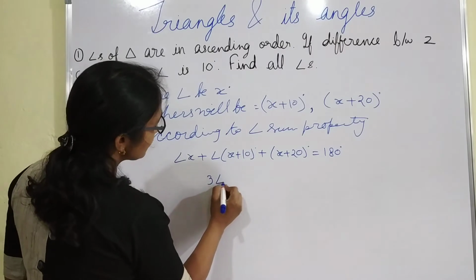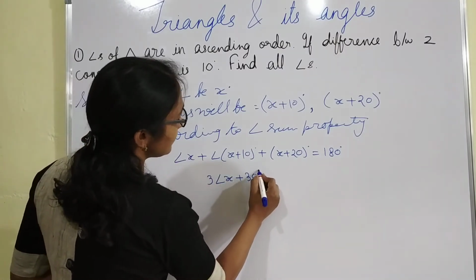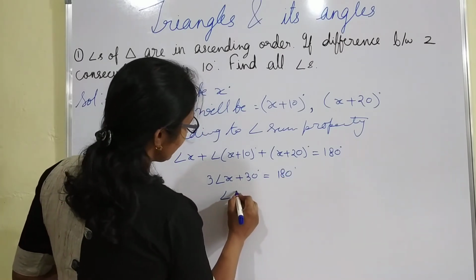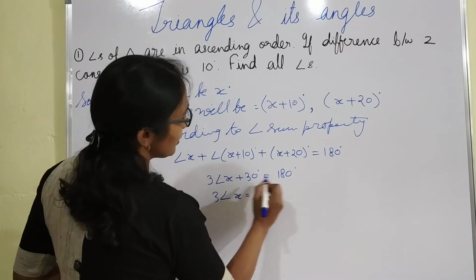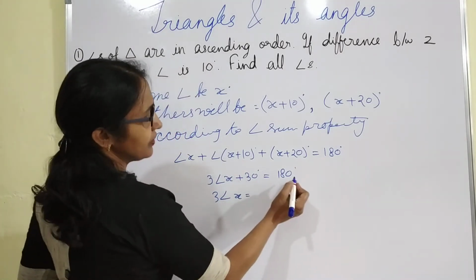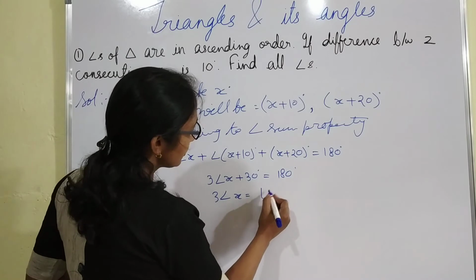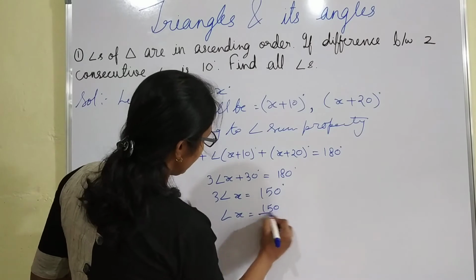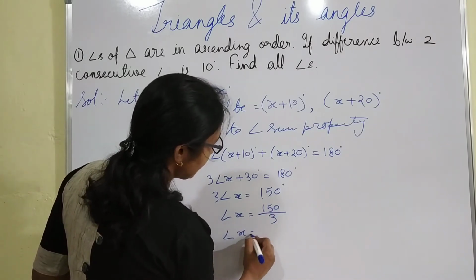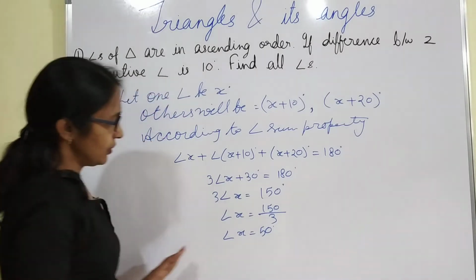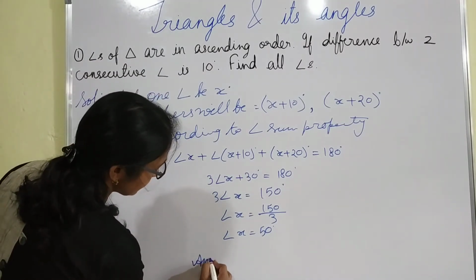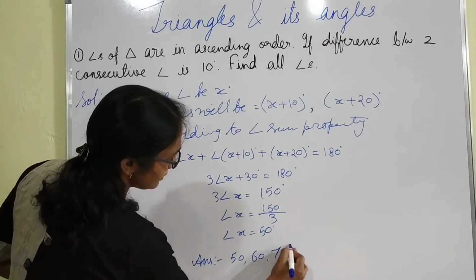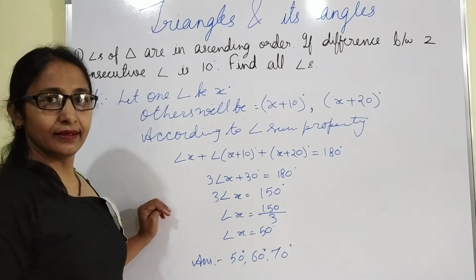So thrice of angle x plus 30 equals to 180 degree. Thrice of angle x equals to, we will transpose it here, so it will become 150 degree. So angle x equals to 150 upon 3. So angle x is 50 degree. Okay. So our answer is 50, 60 and 70 degree.